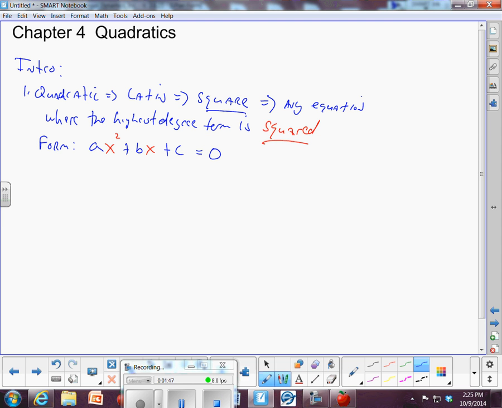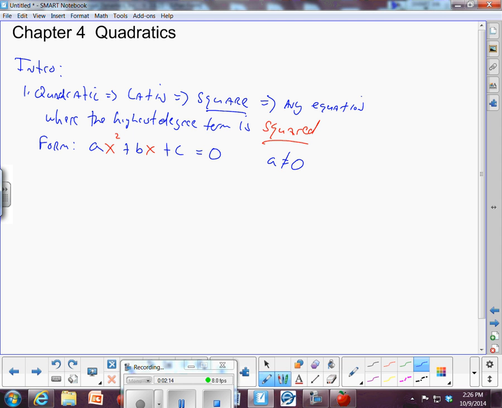In this situation, the A is a constant or a coefficient, the B is a constant or a coefficient, and the C is a constant or a coefficient. They're just simply numbers. Also, for it to be quadratic, A cannot equal 0. Because if A were 0, the x squared term would be gone, and it is this x squared term that makes it quadratic. The highest degree term is squared.